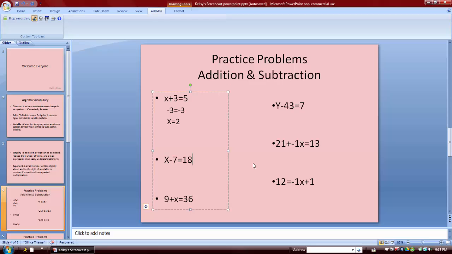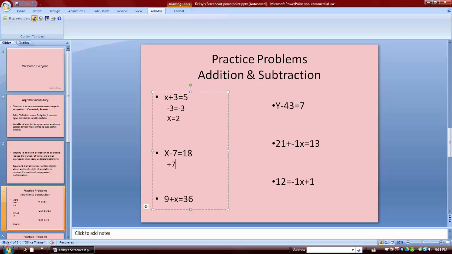Our next one is pretty much the same thing, except you're subtracting. So x minus 7 equals 18. So instead of subtracting this part right here, you would add, just like in the other one, you would add 7.